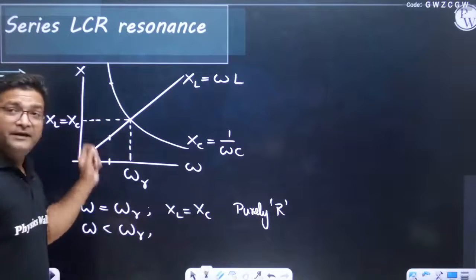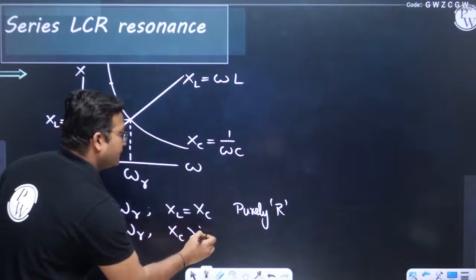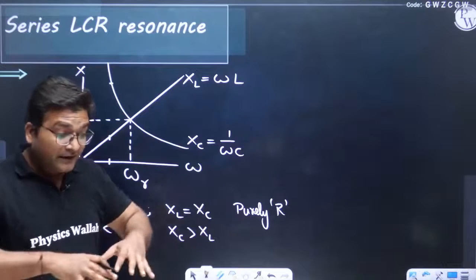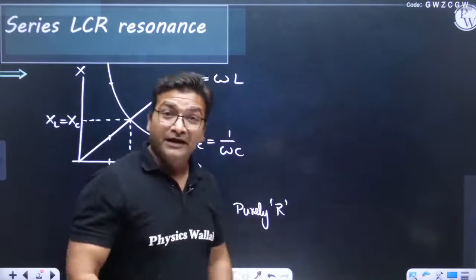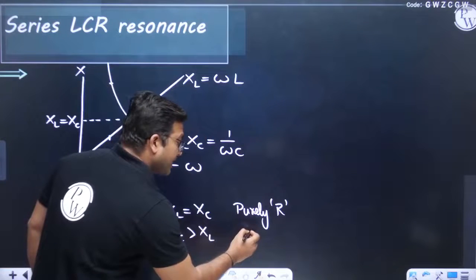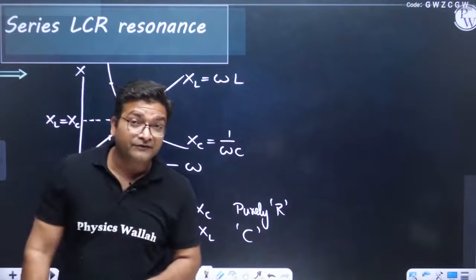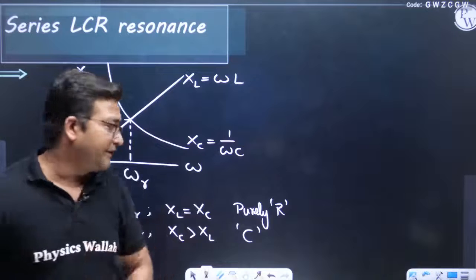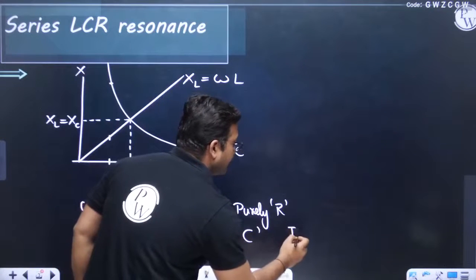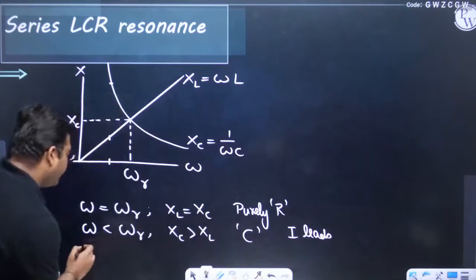XC is definitely bigger than XL, and if XC is more than XL, the capacitance is dominating here, and the nature of the circuit is capacitive. And if the nature of the circuit is capacitive, the current will lead the voltage. We can write I, the current leads.